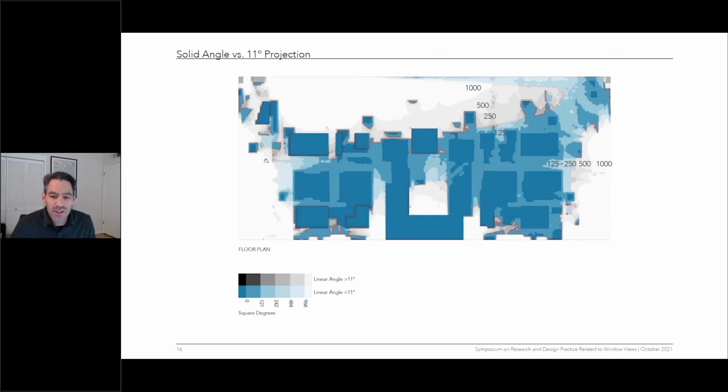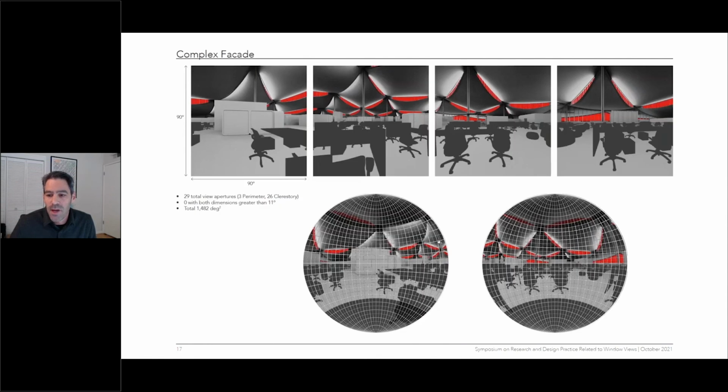But we find that there are lots of areas around the periphery, particularly at the oblique angles, where the LEED criteria don't hold up quite as well. In fact, solid angle might be a better way of predicting. Another way of saying this is that with that complex facade, we found that none of the apertures would comply with the LEED 11-degree criteria. But if you aggregate them together, there are over 1,400 square degrees of view.